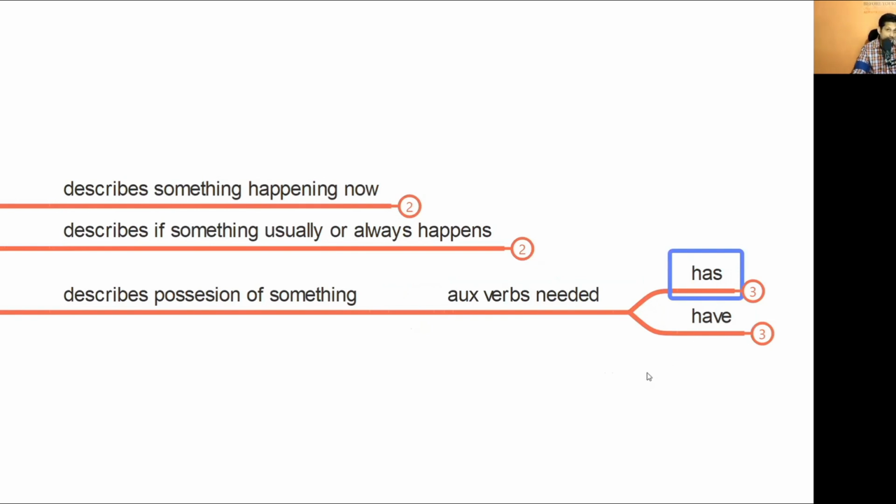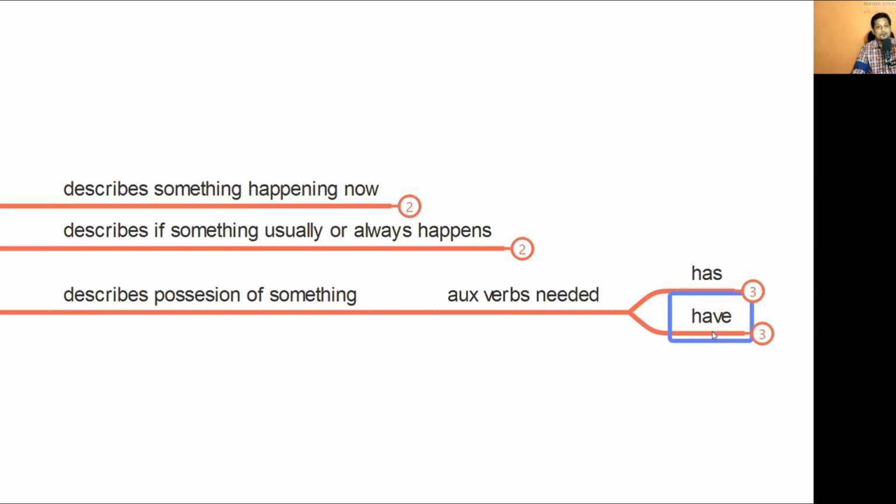Now, what you have learned is that the past tense of has is have. That is also true, but that is true in another context. Context means situation, which is past tense. I will talk about that later on, but right now you have to understand that you can use both has and have in present tense as well.